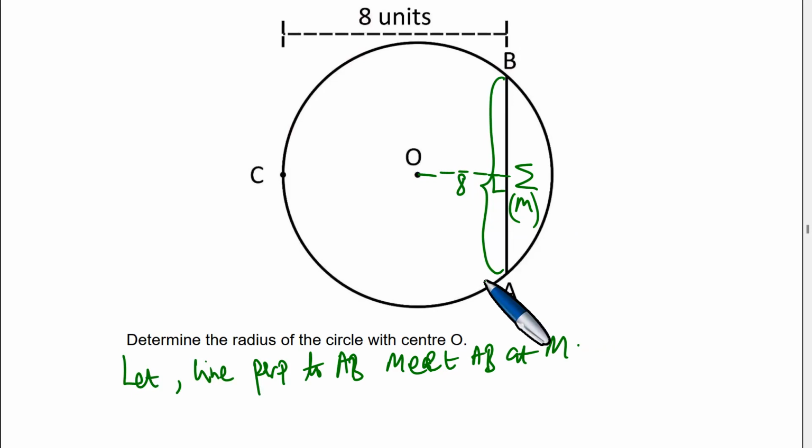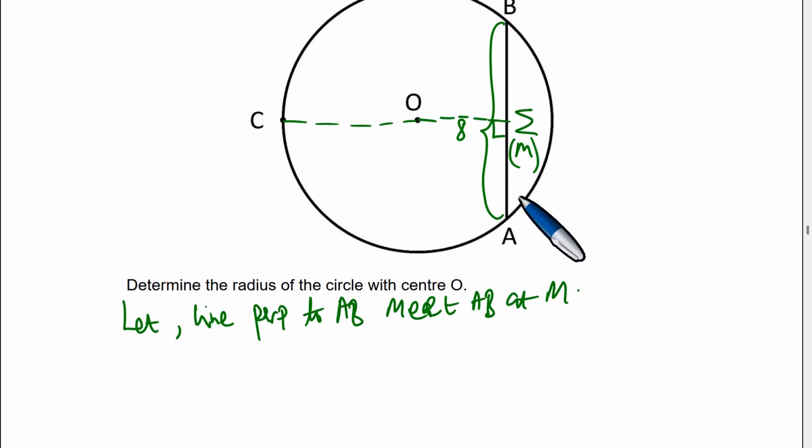CM goes through the center. So you have CM goes through the center. BM equals MA.